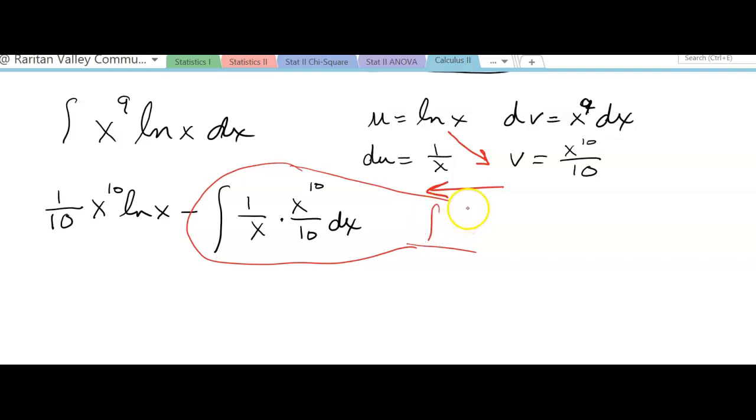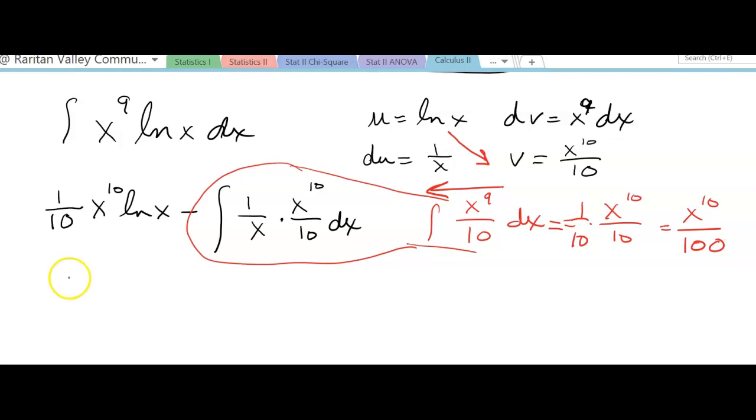It's the integral of x to the 9 over 10 dx, which is x to the 10 over 10 times the 10 that was already there, right? So it actually is x to the 10th over 100. Yeah. So there we go.